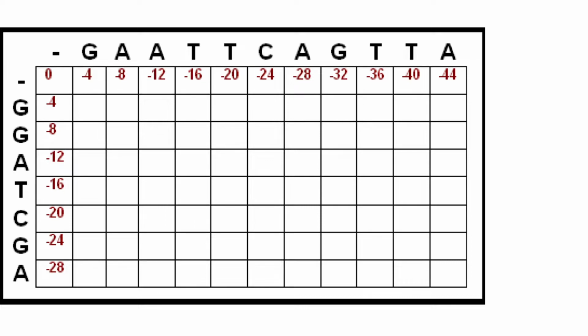The top left corner cell score will be 0, and because the first row and first column are spaces, they don't match with any of the letters in the two sequences, so the gap penalty gets added up. We have negative multiples of 4 in the first row and first column.